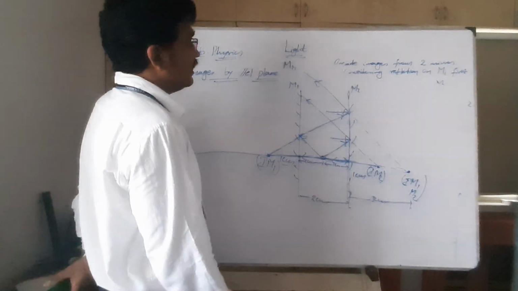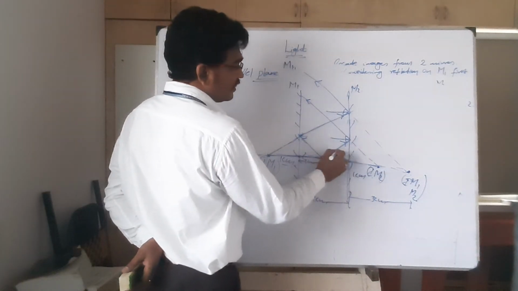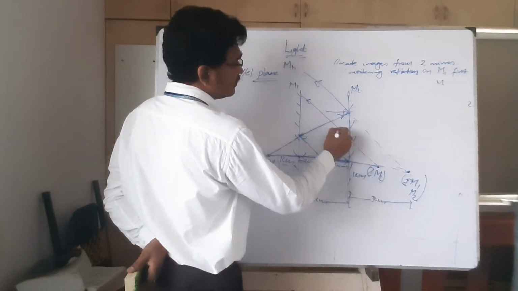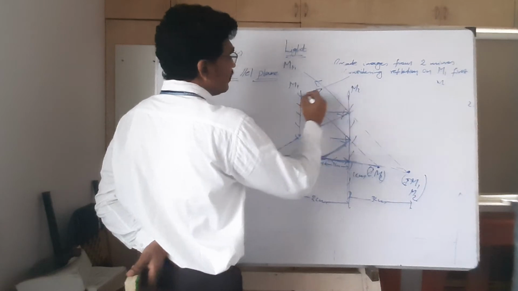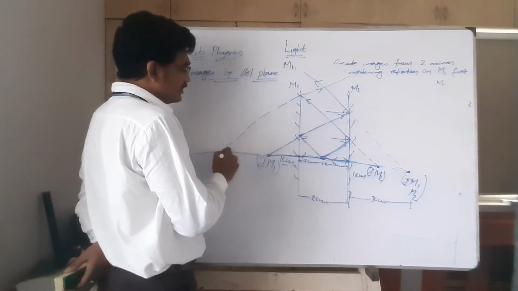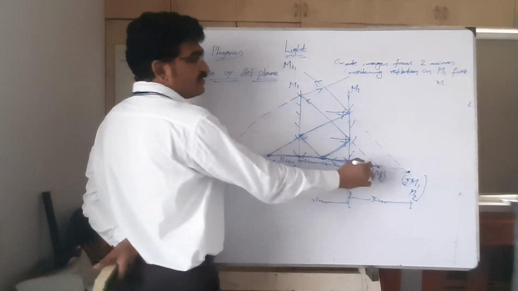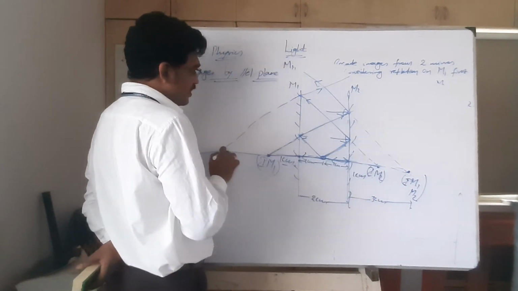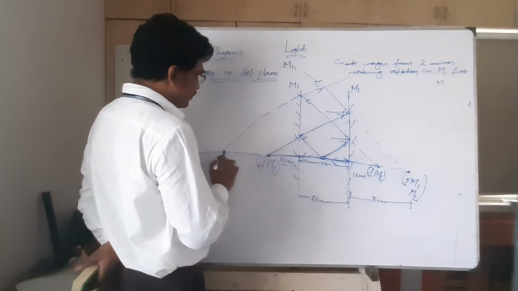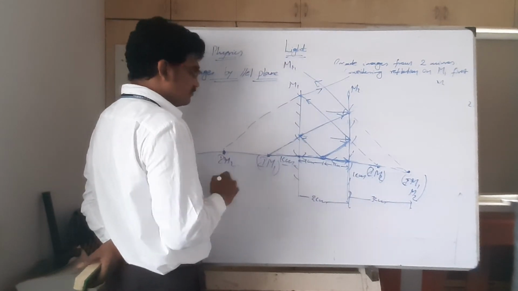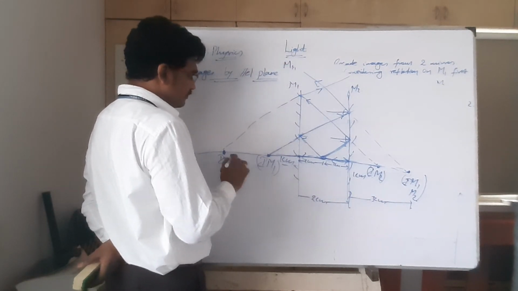No doubt. Now this one also same. One incident ray has struck this one and again it is moving, then extended back. What is that? Now this is the image point of this object. What is that object? IM2 on M1.